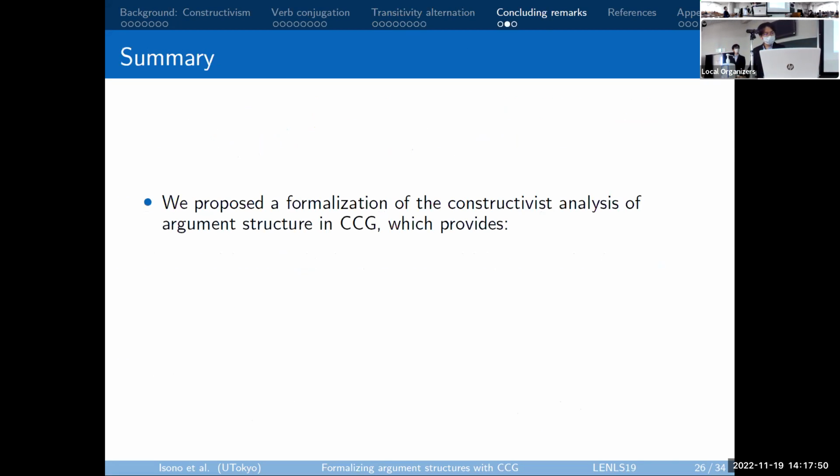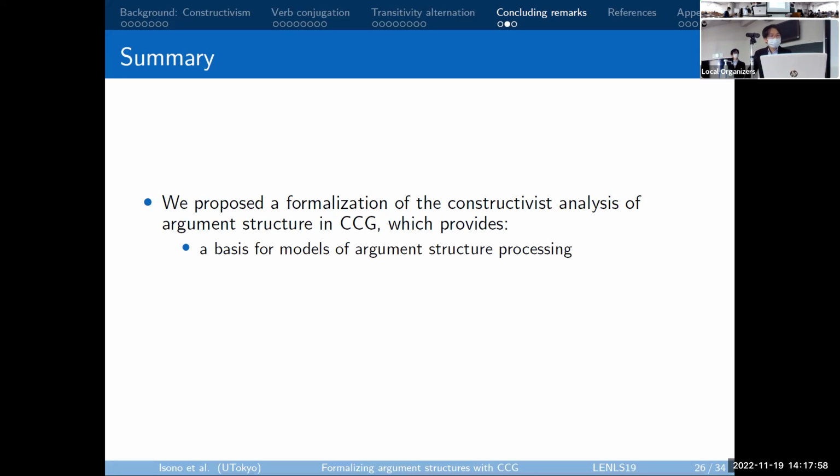So in conclusion, we propose a formalization of the constructivist analysis of argument structure in CCG, which provides a basis for models of argument structure processing. This is my personal background. I basically do research on sentence processing and psycholinguistics, but I need a formal system that can account for how we actually build structures to interpret the argument structure.